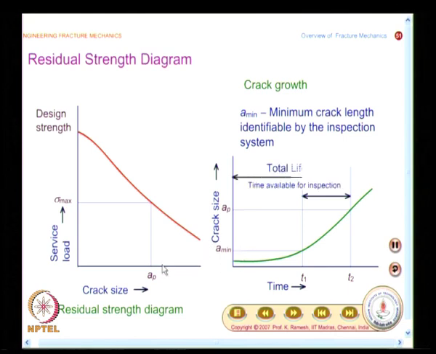And we have already noted that there is something called permissible crack length, and you have the crack growth curve. On the crack growth curve, you can find out when the crack grows to the length AP. So, that would give you the time available for inspection.